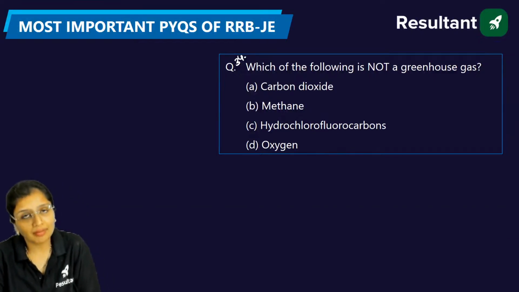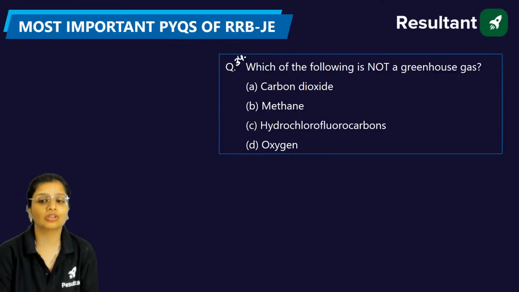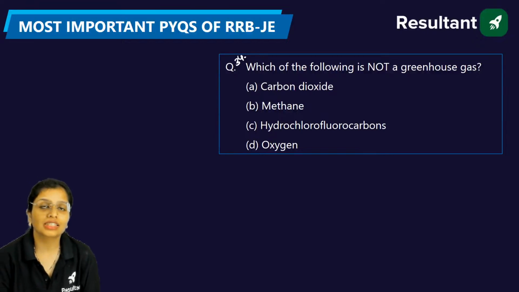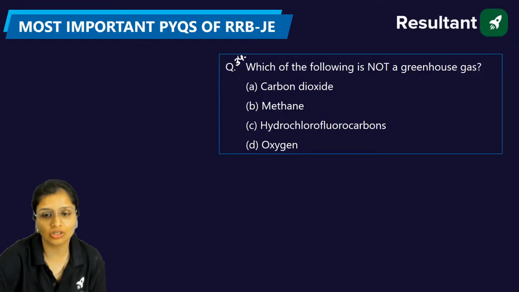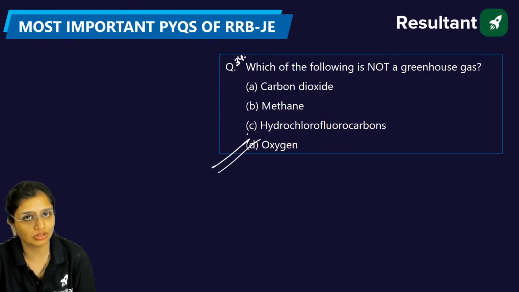Correct. CO2, CH4, CFCs. These all are the greenhouse gases, but oxygen or sulfur, these are not the greenhouse gases.